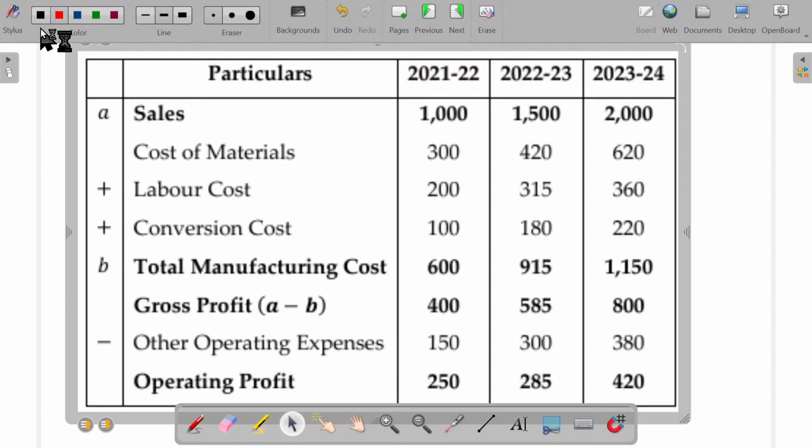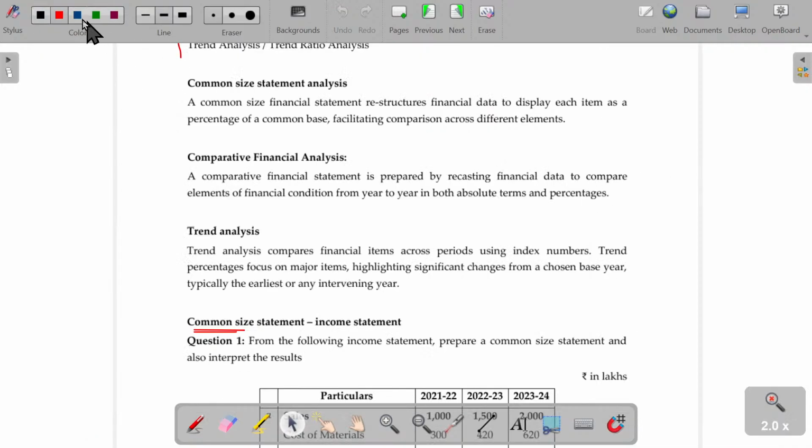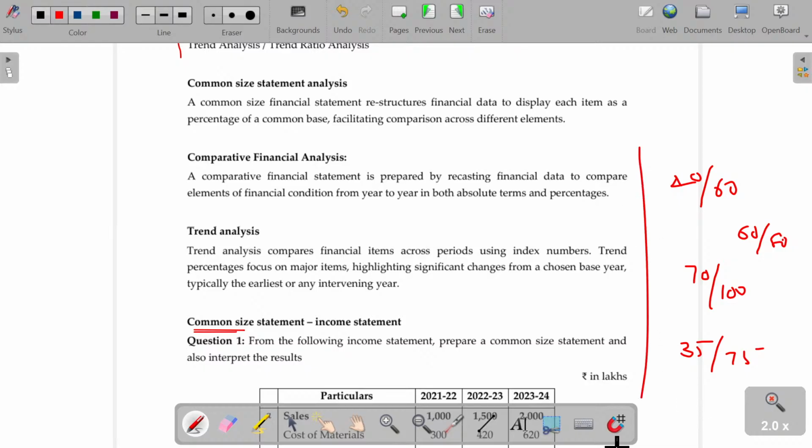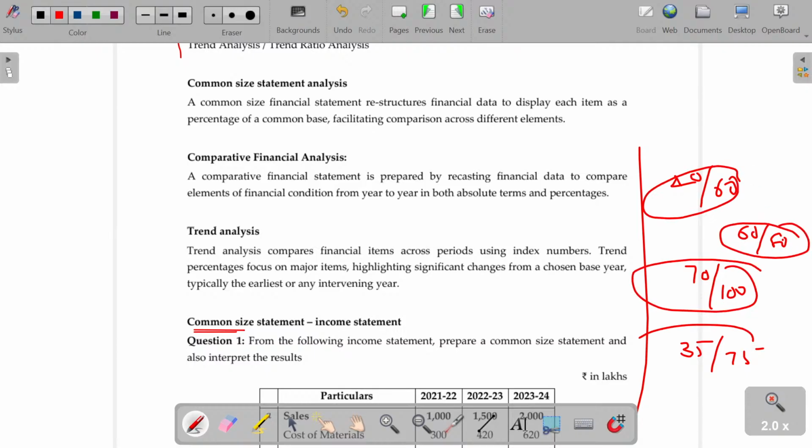So 40 out of 60, 70 out of 100, 60 out of 80, 35 out of 75. Now among the four numbers, which is the best one? This is a complication. You can convert everything into percentage, then comparing may be easy.